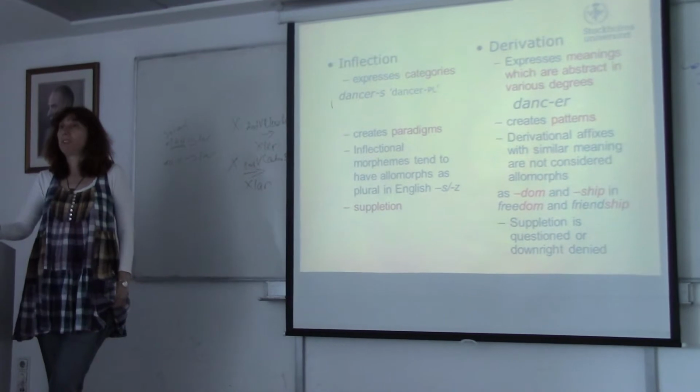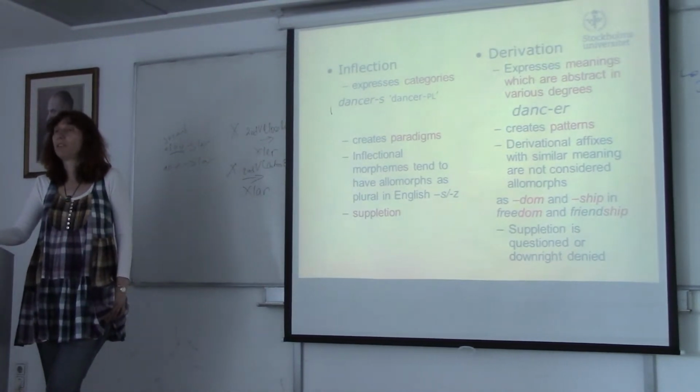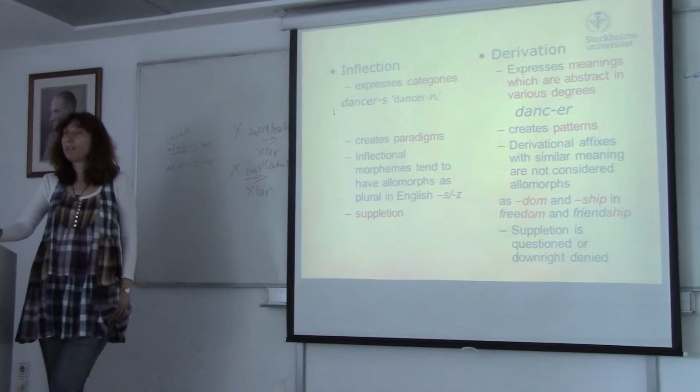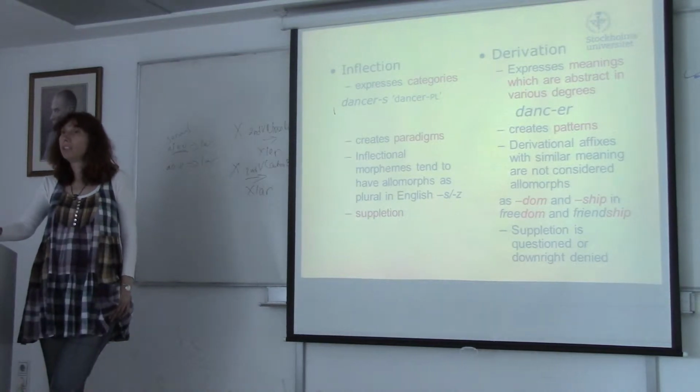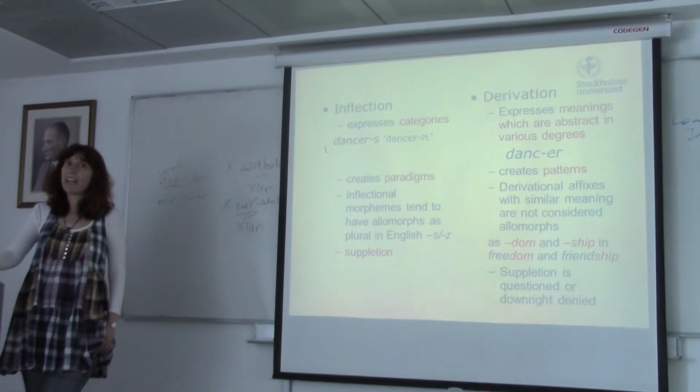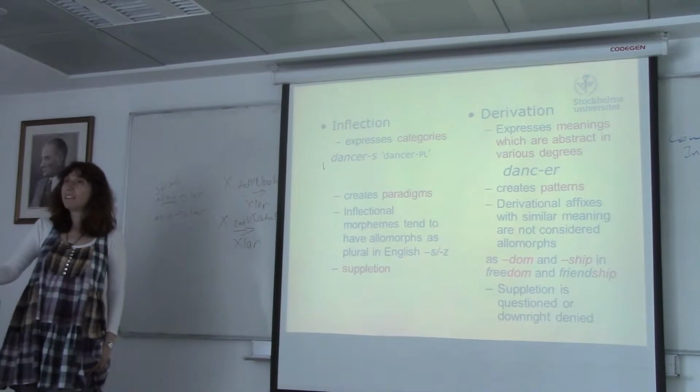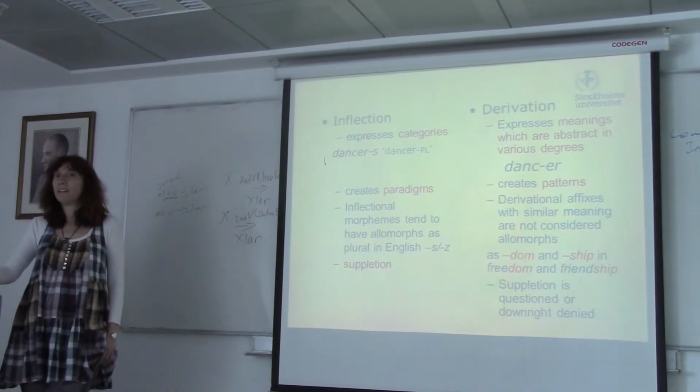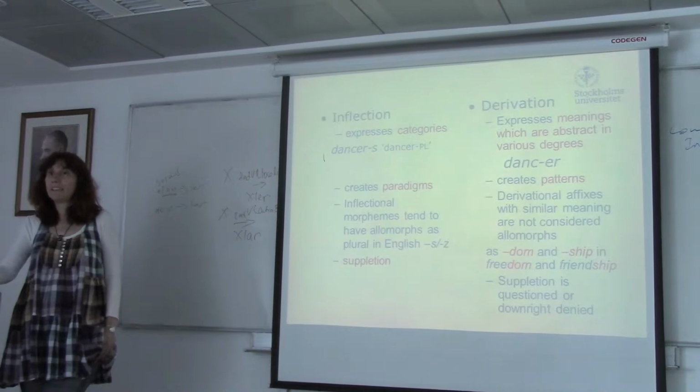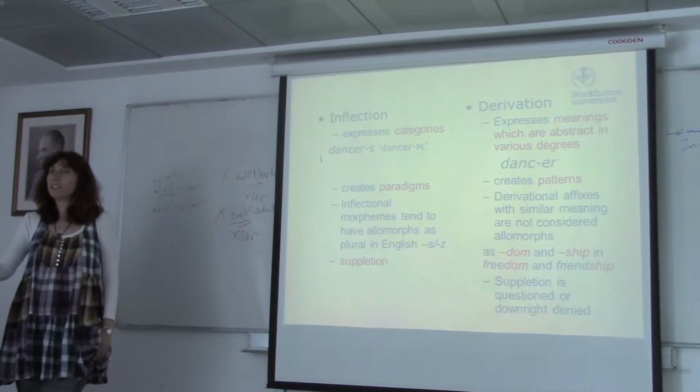Inflectional morphemes tend to have allomorphs. So the English plural will have two allomorphs that we know and use all the time, one S and the other Z. Z after sonorants and vowels, and S after voiceless consonants.